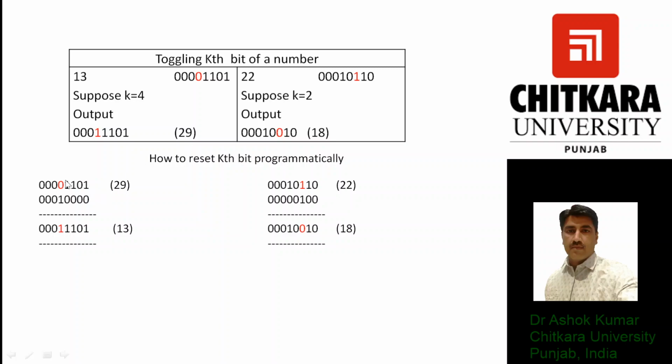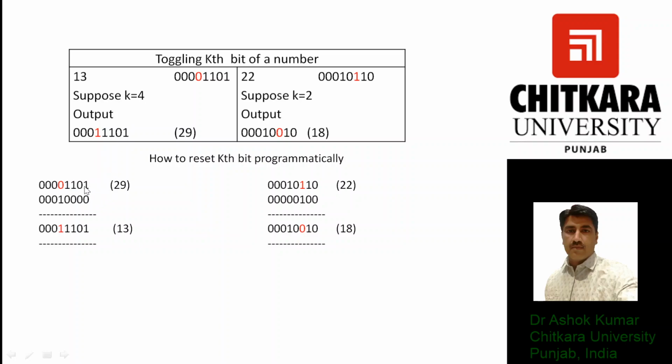For that you have to XOR the actual number with a number that is equal to 2 raised to power k. So if you want to toggle the fourth bit, then you have to XOR the actual number with 2 raised to power k.